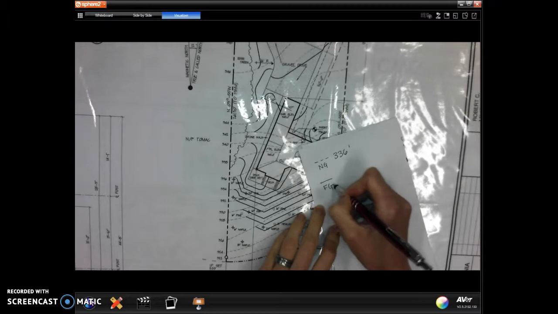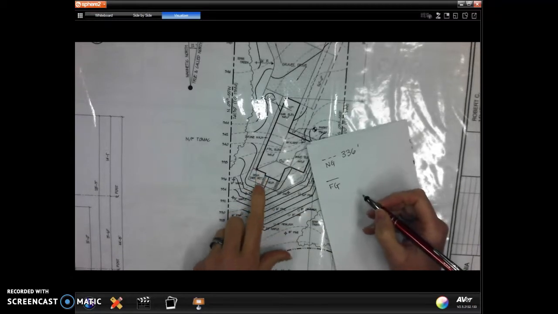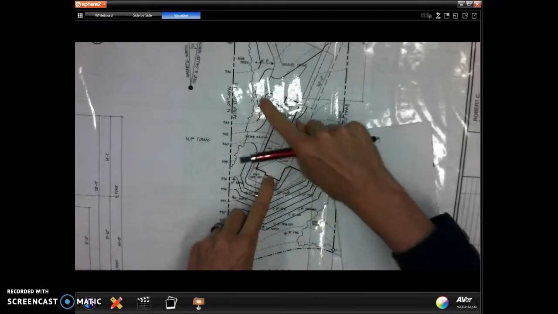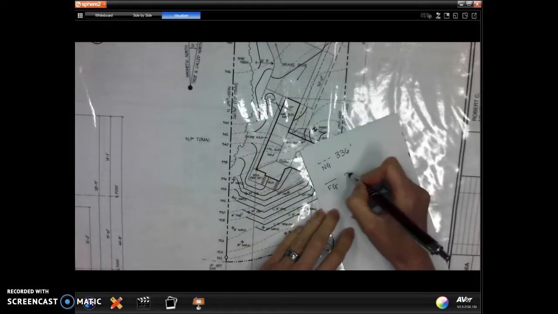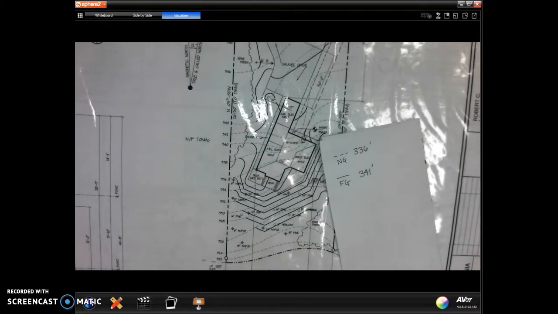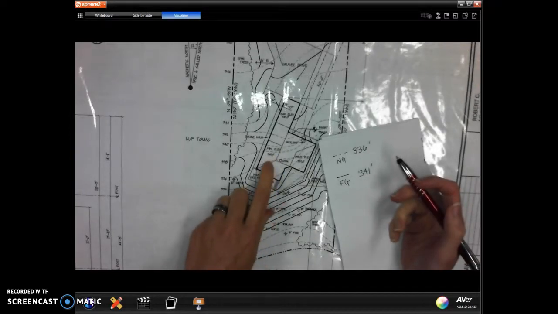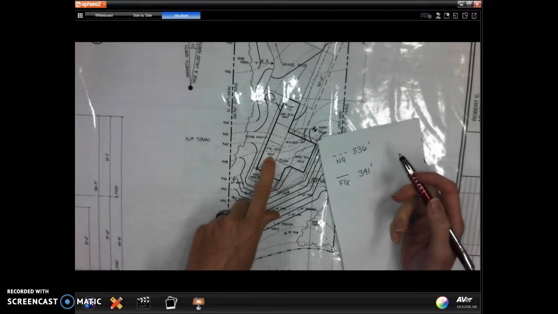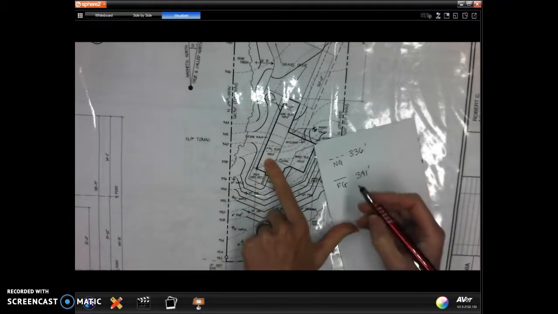We're going to do finish grade is somewhere between, we said this is 340 and then 342, so we said like 341 feet. According to the building elevations, it says that our grade of the first floor here is 342.